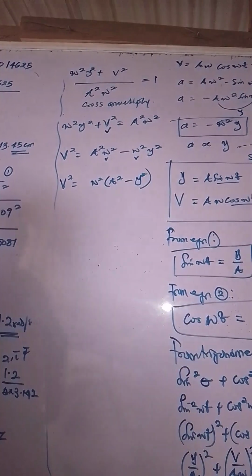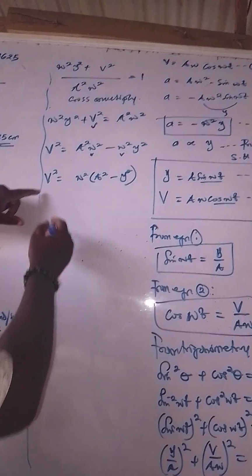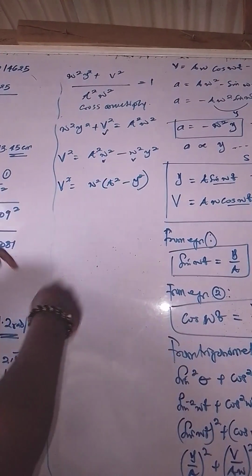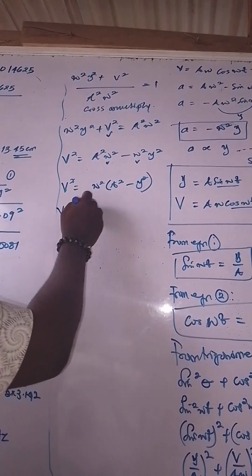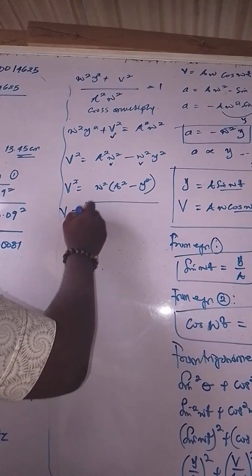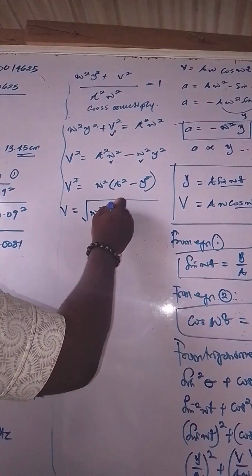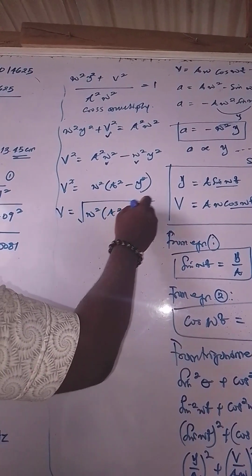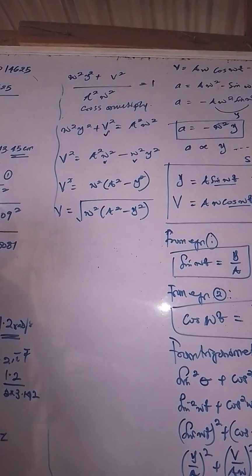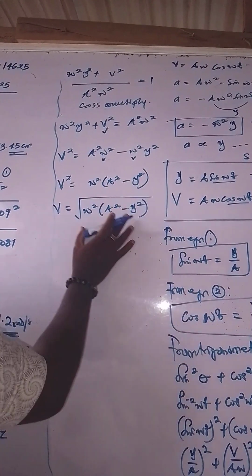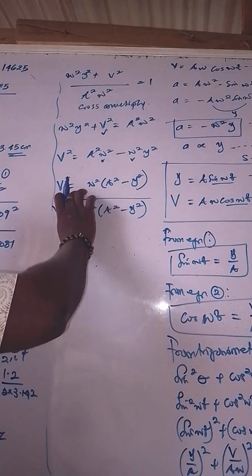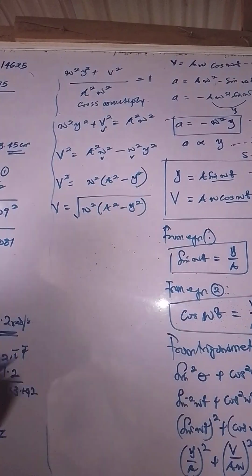What should we do to both sides? This square comes here and becomes square root, or you say square root both sides. So we have square root of omega square times a square minus y square. Now look at this: omega square and a square minus y square are a product, so the square root is for this and also for this.